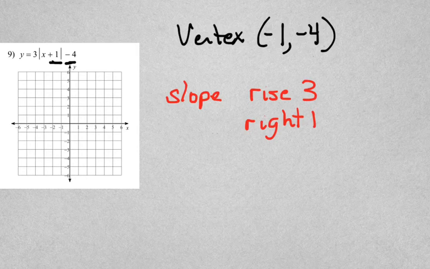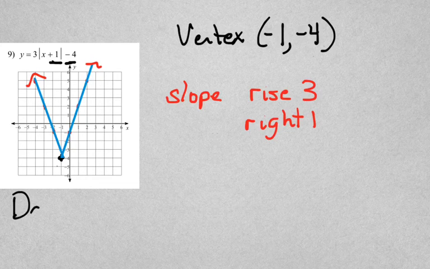And so from the vertex, -1, -4, I am going to rise 3, go right 1, rise 3, go right 1, over and over again. And draw in your 2 lines. Put arrows at the end.